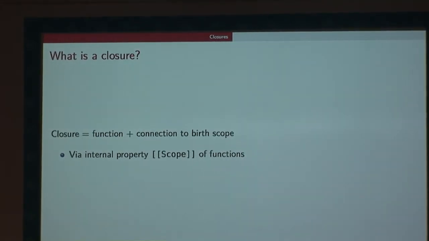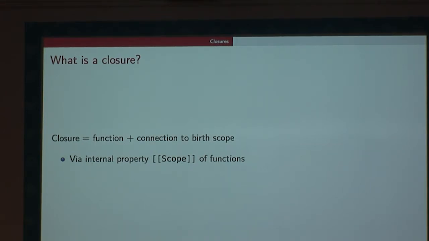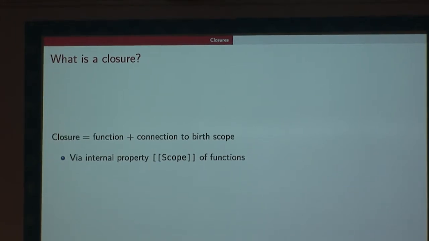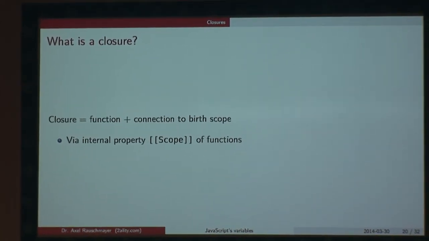And this connection is important. And this connection happens, as I mentioned before, via the internal property scope that all functions have. That's something you can't access via JavaScript, but that is used by JavaScript engines, at least conceptually.